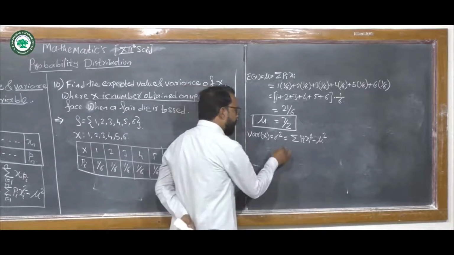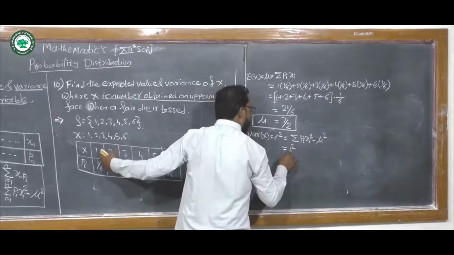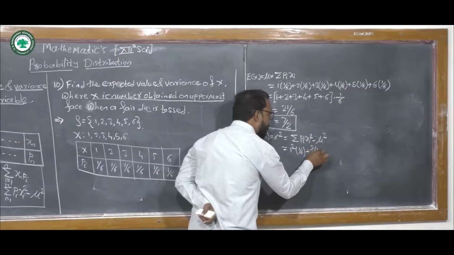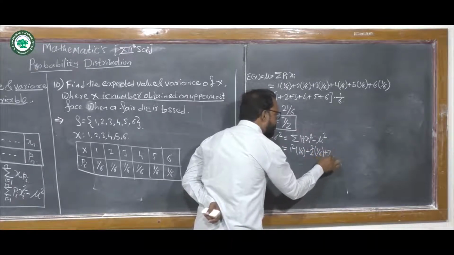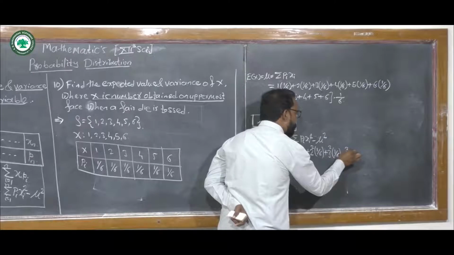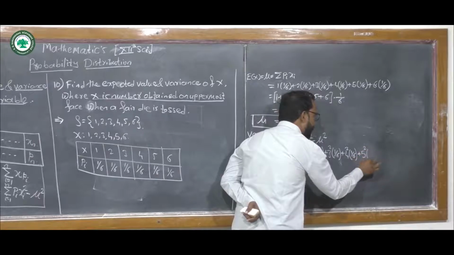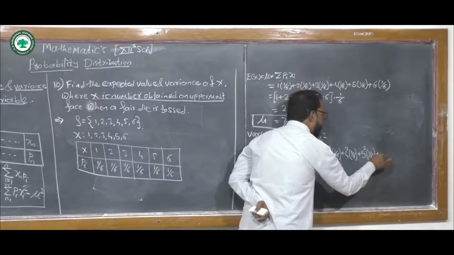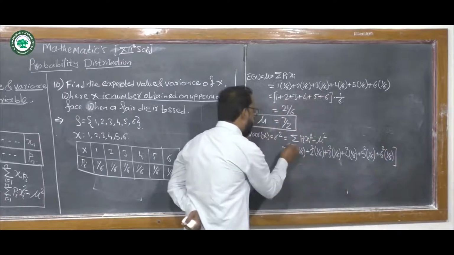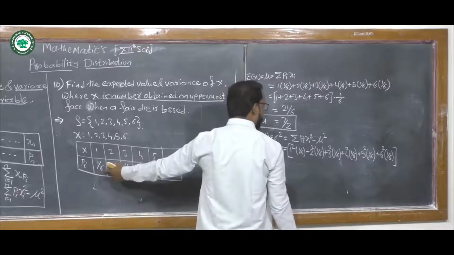Again putting in the values, this can be written as 1 square, the first value of x, into 1 by 6 plus 2 square into 1 by 6 plus 3 square into 1 by 6 plus 4 square into 1 by 6 plus 5 square into 1 by 6 and plus 6 square into 1 by 6. See here, the values of x are 1, 2, 3, 4, 5, 6, and the probability each time is 1 by 6.